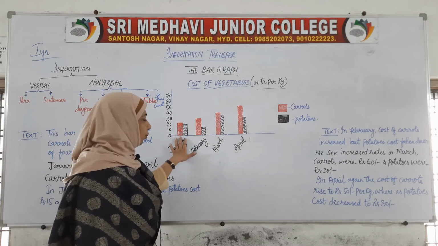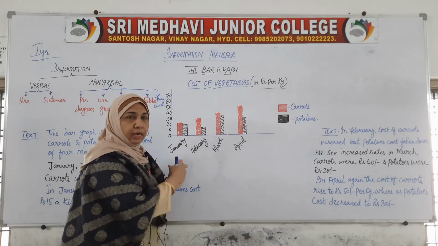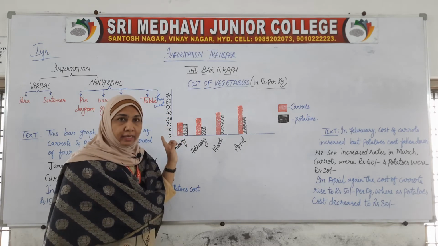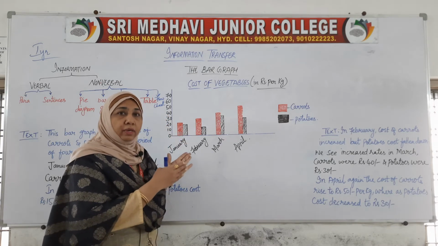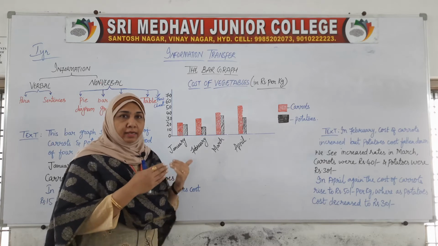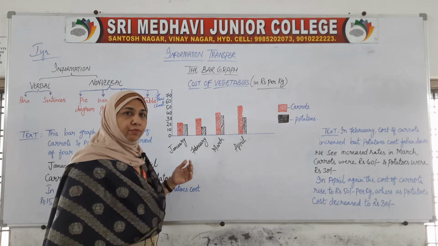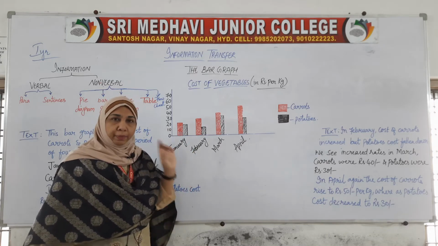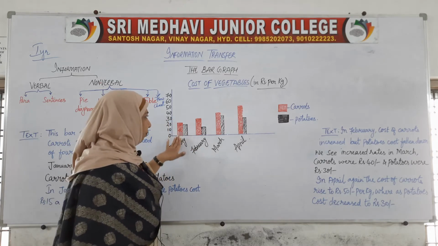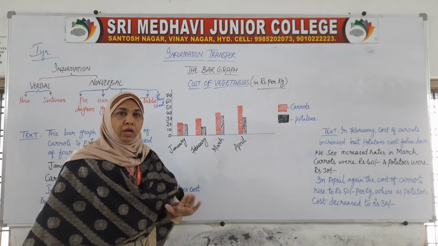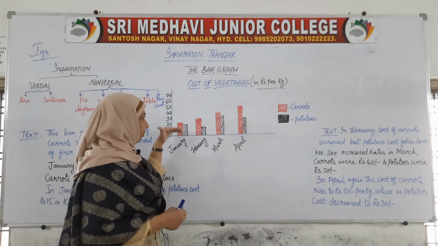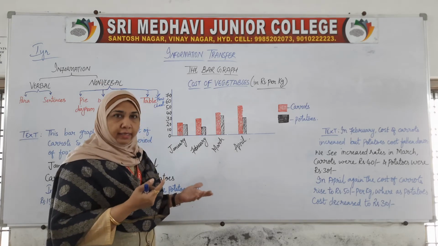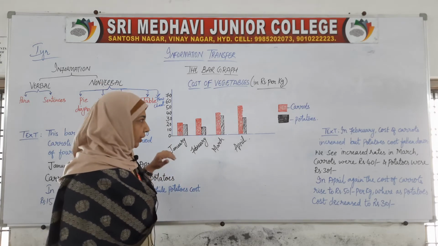And two bars are drawn. I have drawn them in colors to make it easier and more convenient for you to understand. In the examination, you can draw with a pencil itself. You can fill up one completely, and the other one can be with lines or dots, as you wish.